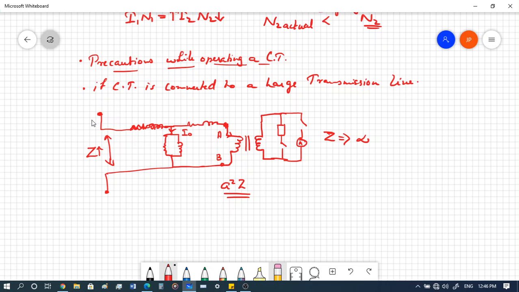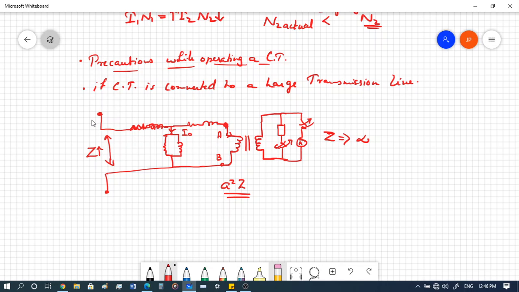So in case you want to change the ammeter, first we connect a small load onto this current transformer, and then we can open the switch over here and replace the ammeter with some other ammeter. Then you can close this switch and then open the parallel load that is connected. So this is how you operate a conventional CT connected to a transmission line, because you don't want to affect the transmission line at any cost, right?